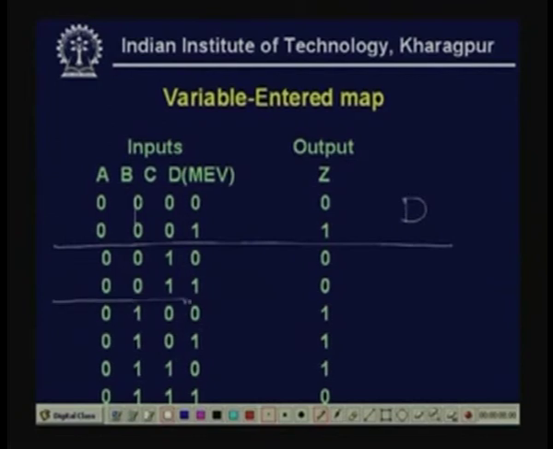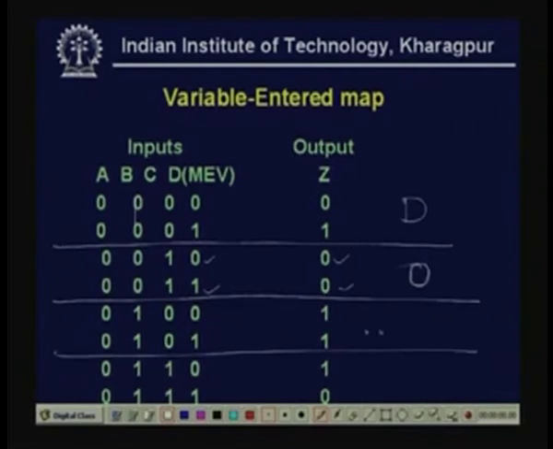Now for the second pair, see, 0 0 1 means A bar, B bar, C. If D is 0, Z is 0, and if D is 1, Z is 0. That means it does not depend on D, or it is independent of D, so my output is 0. Similarly, here my output is 1 for this combination.